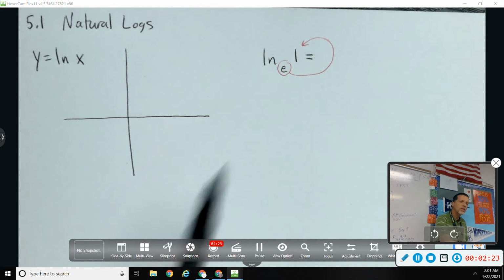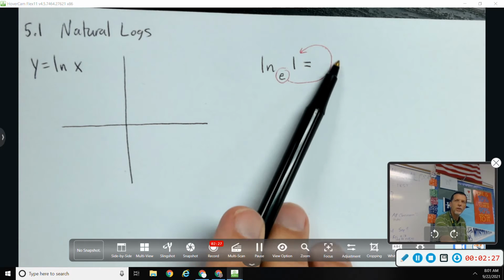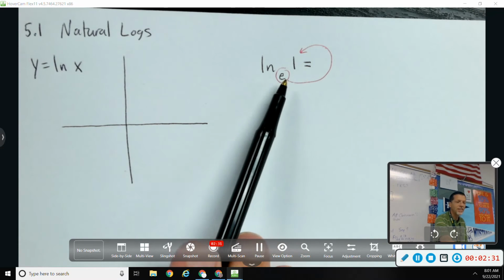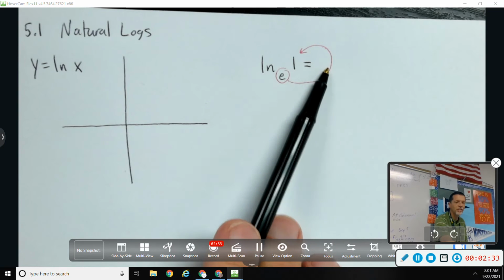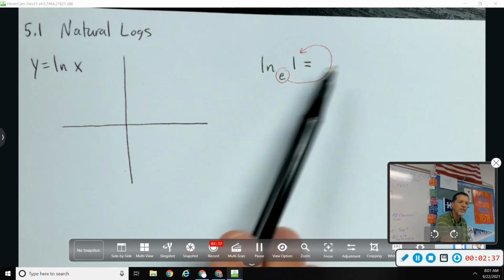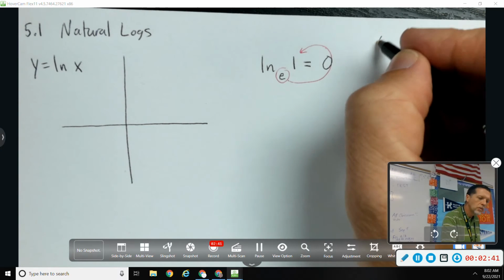So e to the what would give me 1? Anything to this number over here would give me 1. 0. So e to the 0 is 1. That means the natural log of 1 is 0.